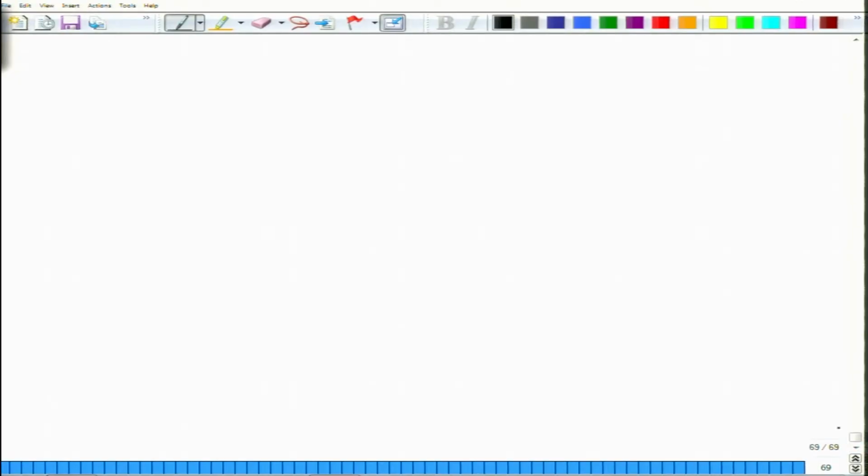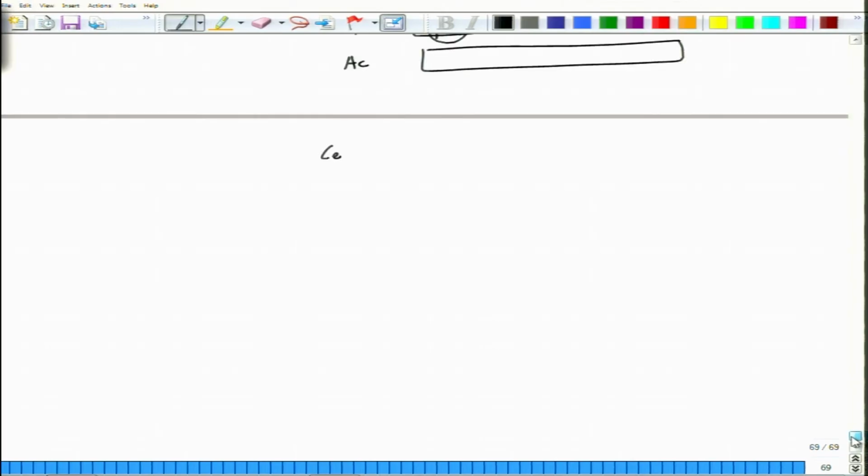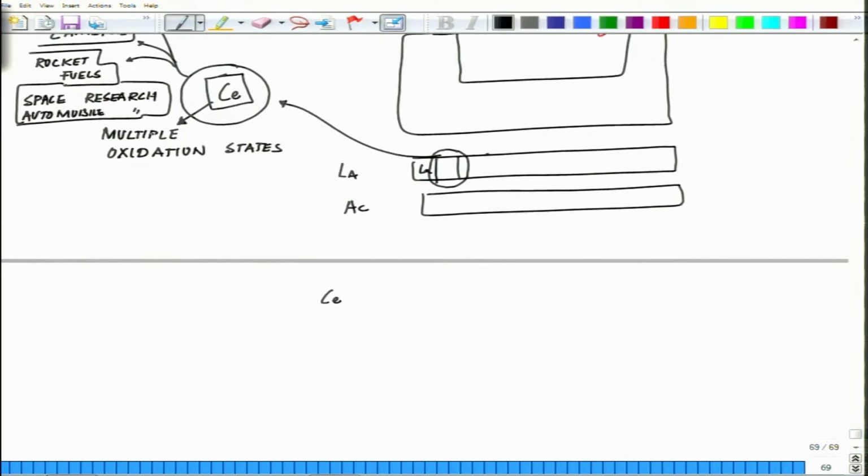Cerium in its nano domain, as I told you, remains in multiple oxidation states. So, let us start. What are the oxidation states of cerium? Cerium remains in Ce3+ and Ce4+. These are the oxidation states of cerium, 3 and 4.